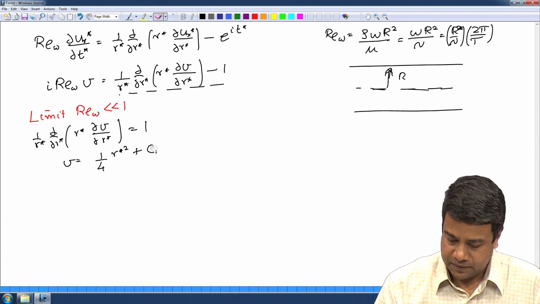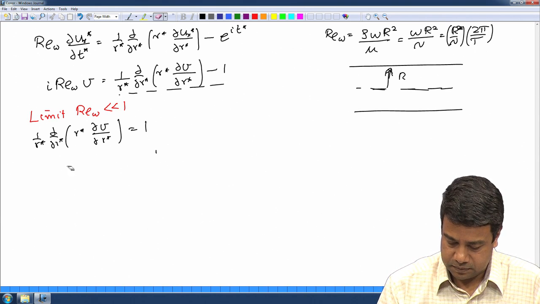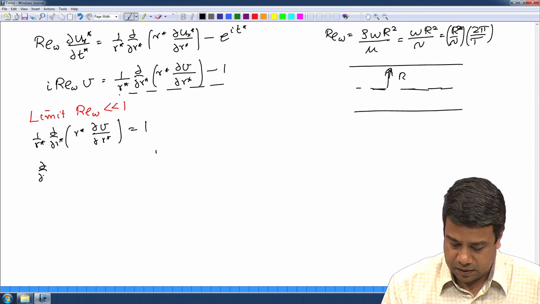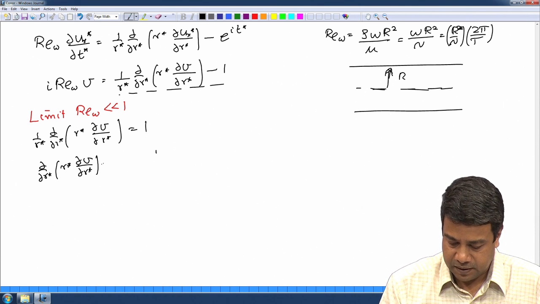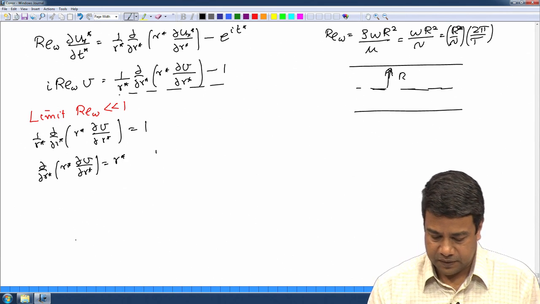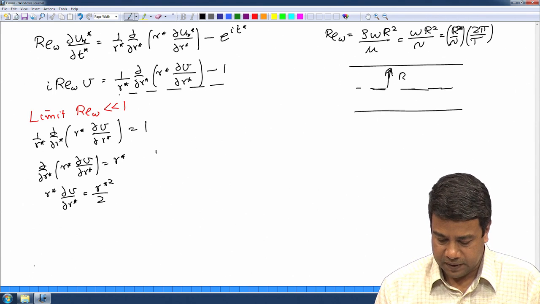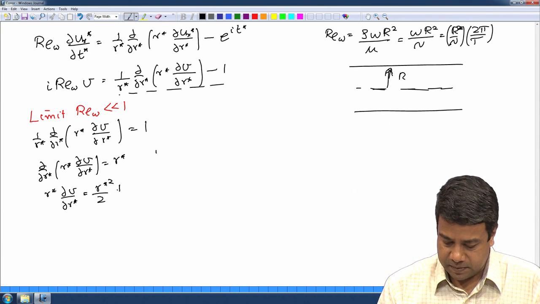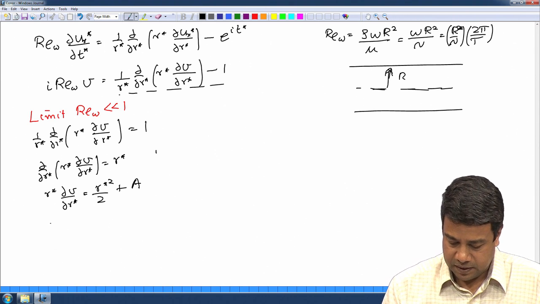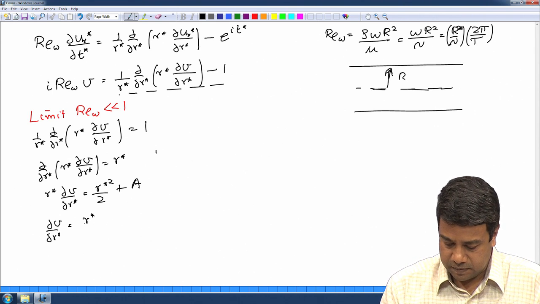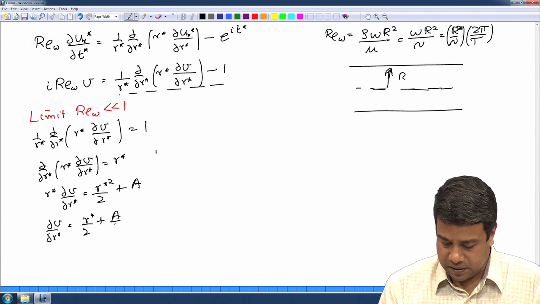I will get d by dr of r dv by dr is equal to r, which means that r dv by dr is equal to r square by 2 plus some constant a. dv by dr is equal to r by 2 plus a by r.